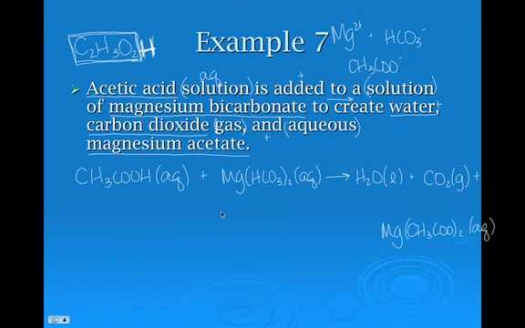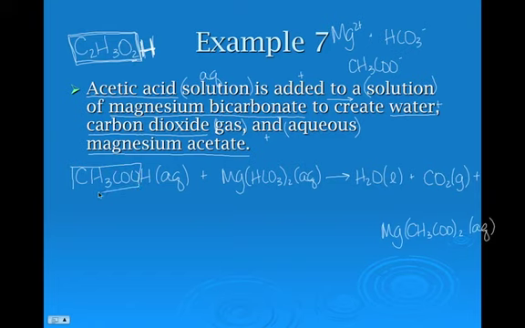So now balancing this, we're going to start with our metals. Well, the only metal we have is magnesium. And we have 1 magnesium on the reactants. We have 1 magnesium on the products, so they are balanced. Then what I have left is carbon, hydrogen, and oxygen. And you'll notice I've got them in a couple of different places. Ooh, wait a minute. We have acetate on both sides.